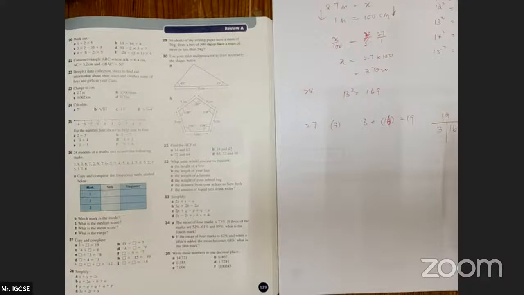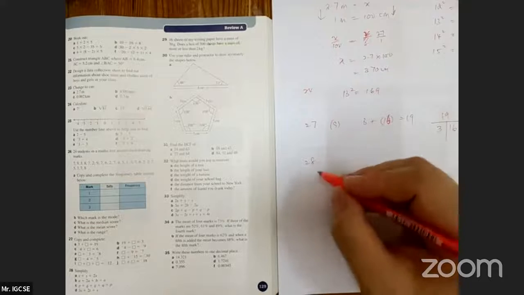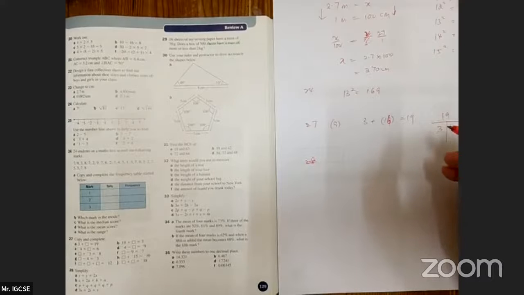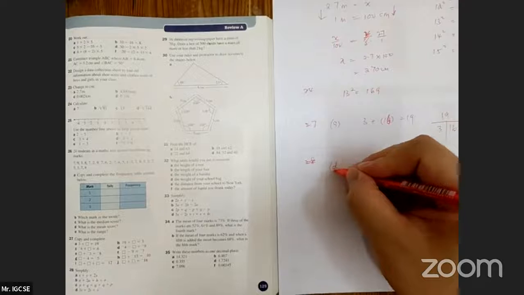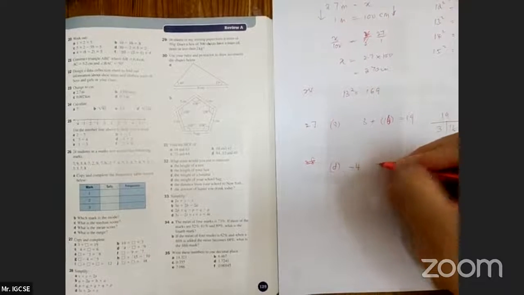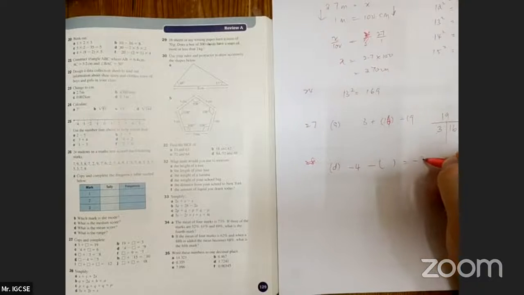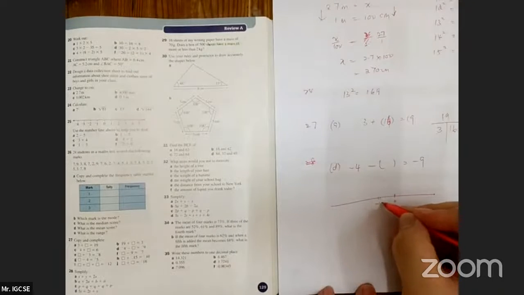And then we have 28. Before that, 27 we have negative numbers, so we should do the negative number. Now we should go to the D: -4 and negative some more will become -9. That means you are on this line, at this 0, and you are at -4 here.